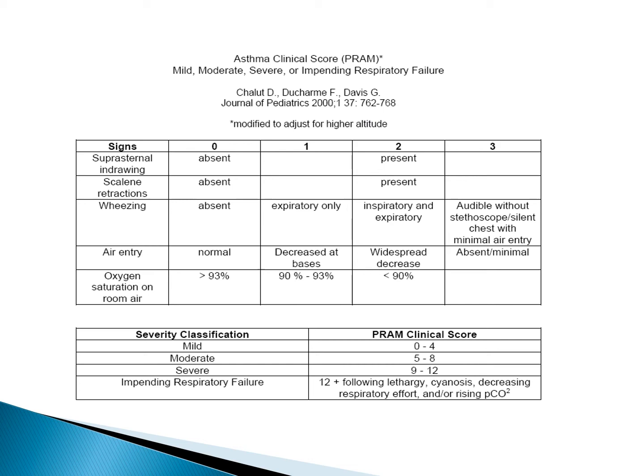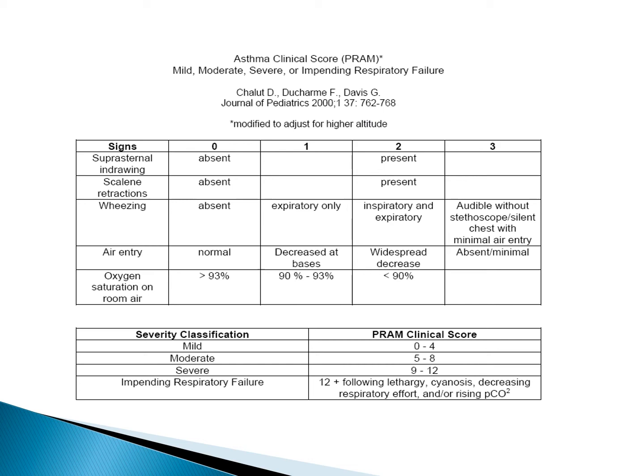Now, in Alberta, we use the modified PRAM score, and we don't include oxygen saturation. So we would include just indrawing, retractions, wheezing, and air entry. And we would come up with a score. And you can see on the bottom here, you've got mild, having a PRAM score of 0 to 4, moderate 5 to 8, and severe 9 to 12.